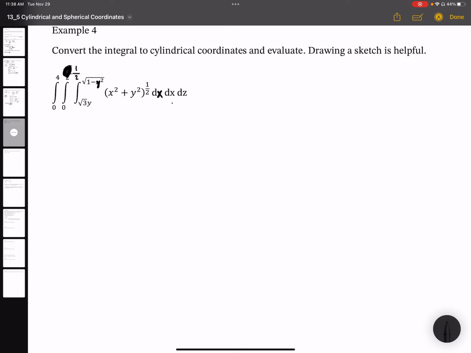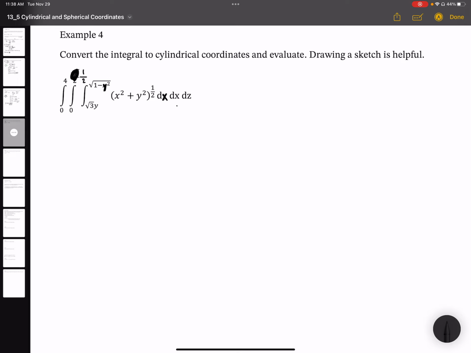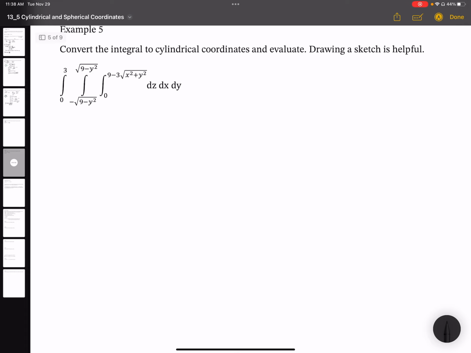So this should be from 0 to 4, then from 0 to 1/2. The upper limit is the square root of 1 minus y squared, and it should be dx, dy, dz. But I don't want to make the video too long doing the same kinds of problems. So example 4 and example 5 work the same way. They have the same general setup.